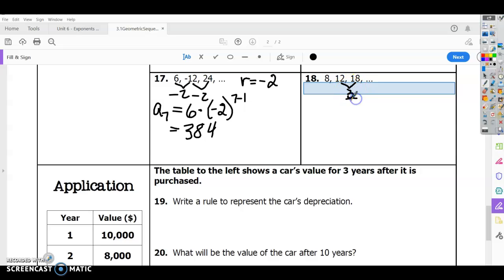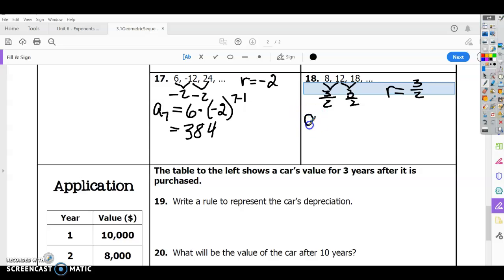If you put that in your calculator, it gives you 1.5, and 1.5 as a fraction is 3/2. 12 divided by 8 is the same thing. Plug that in your calculator and it gives 1.5, but change it to a fraction by hitting Math, number 1, the fraction button, if you have a TI-83 or 84. So our common ratio is 1.5 or 3/2.